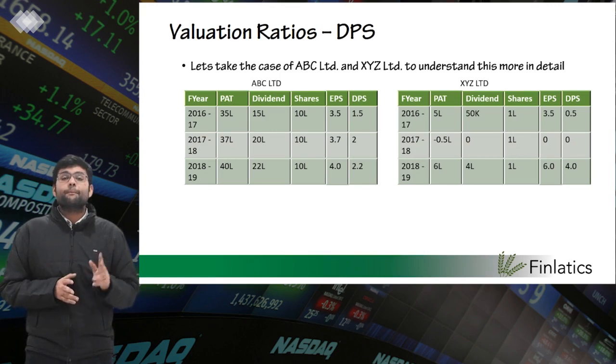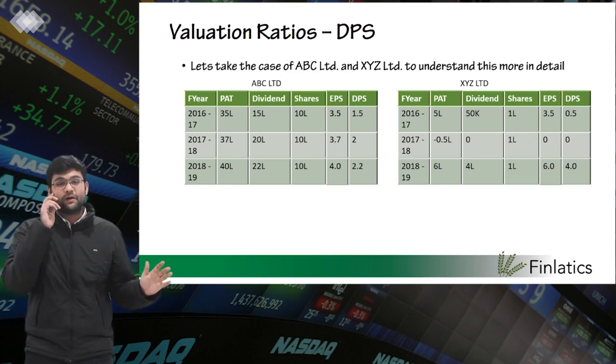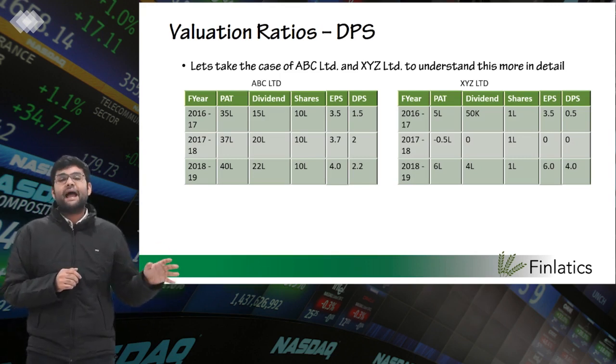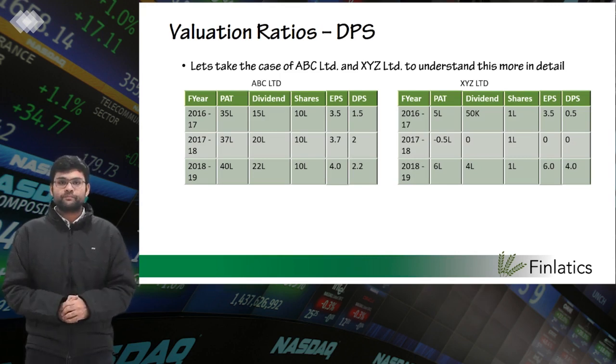As we can see, both companies have given out dividend in each of the financial years that are mentioned in this table, with one exception. XYZ Limited did not give out any dividend in the financial year 2017-18 as it was a loss-making enterprise at that time.